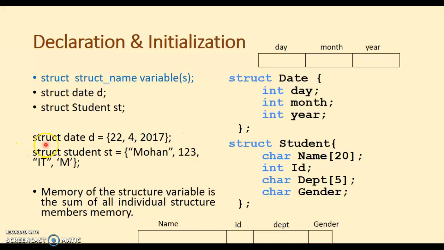Here you can see the date initialization, struct date D is equal to a day, month, year. When initializing the structure variable, we need to follow the sequence of the fields in which we declared them.